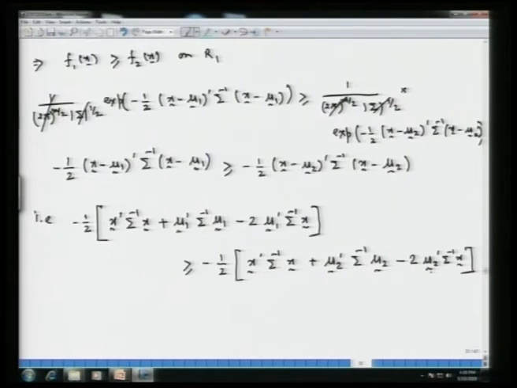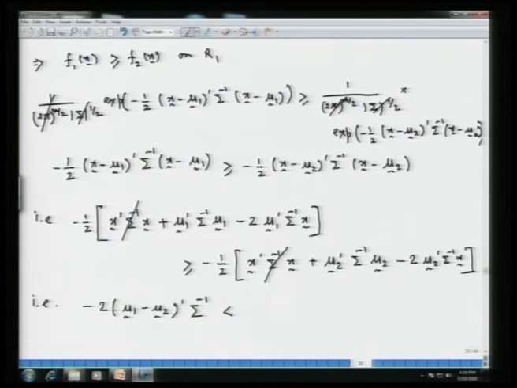So, the terms that cancel out from both the sides are this term along with this particular term. We can write this expression in a compact way as minus 2 (mu1 minus mu2) transpose sigma inverse x, that to be less than, with its sign, because if we take this minus sign out, then we are changing the direction of the inequality.